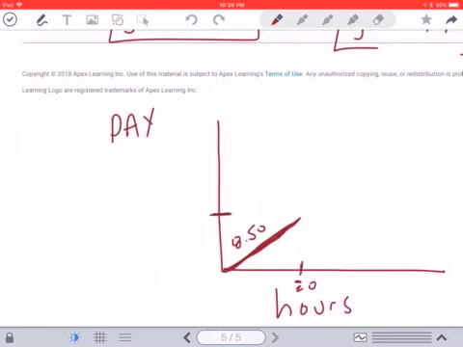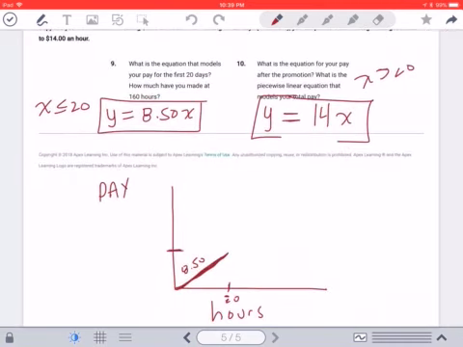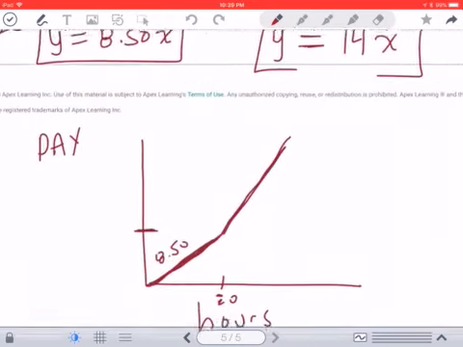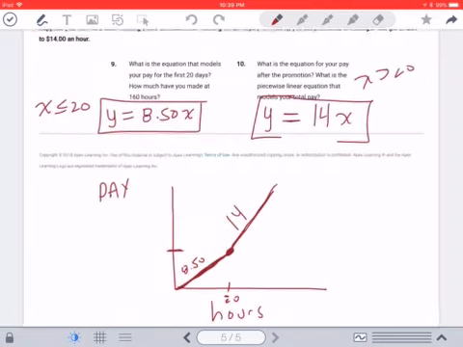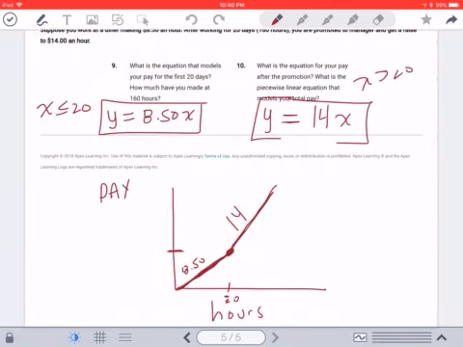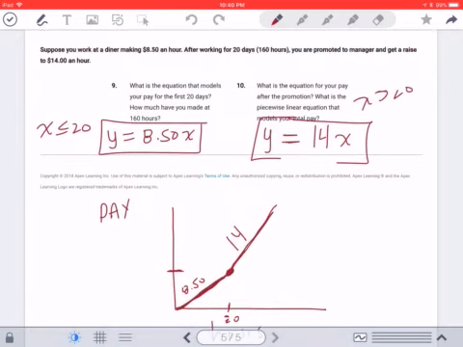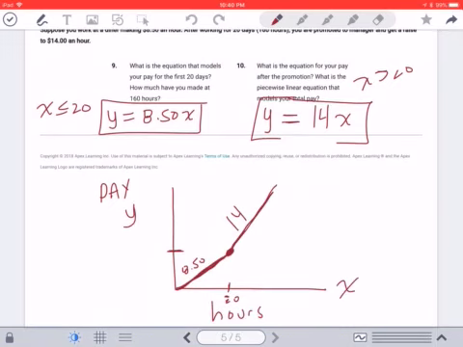And then you're going to have a different slope there. So it's got two pieces of the function. This would be a slope of 14. All right, and they meet right here. Okay, so it would look like that. And y equals your total pay, and x would be your hours worked. I hope that helps you guys out.